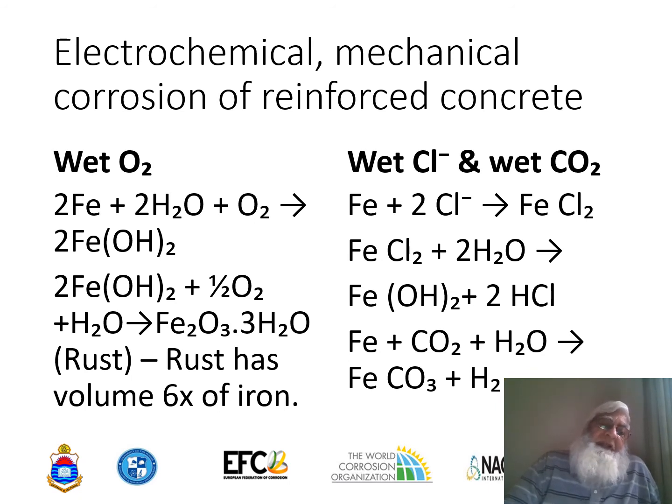And rust actually has a volume which is 6 times that of the iron, which in fact again puts the pressure on the concrete and dislodges the concrete from its integrity.